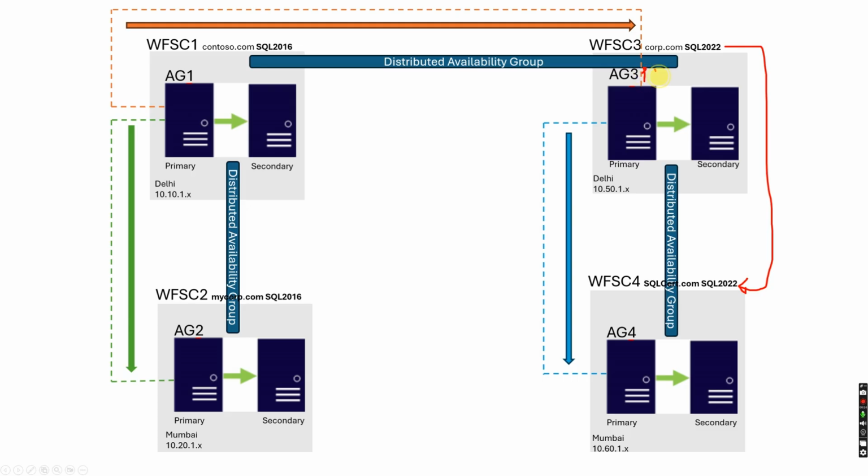So this is your primary forwarder, right? This is sending data to this. And after configuring the distributed availability group, this will start sending data to this. And this will also become a primary forwarder, and this will start sending data to this, right? So this is how your data is flowing.